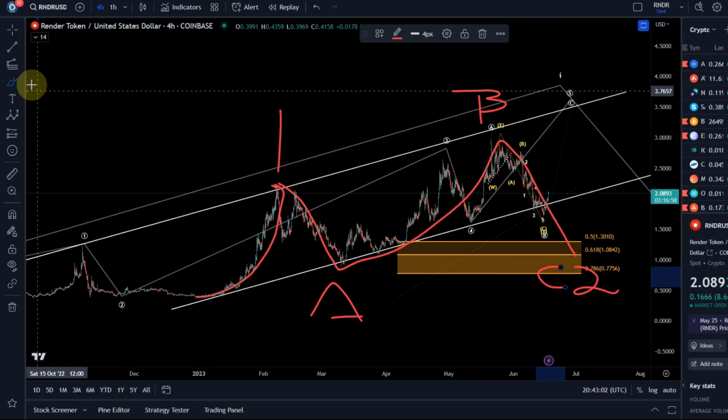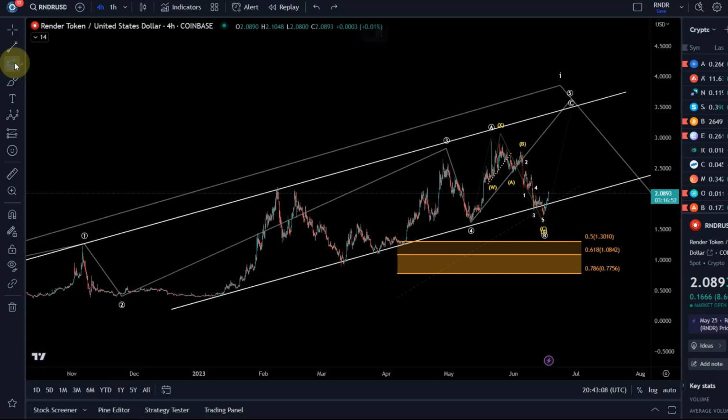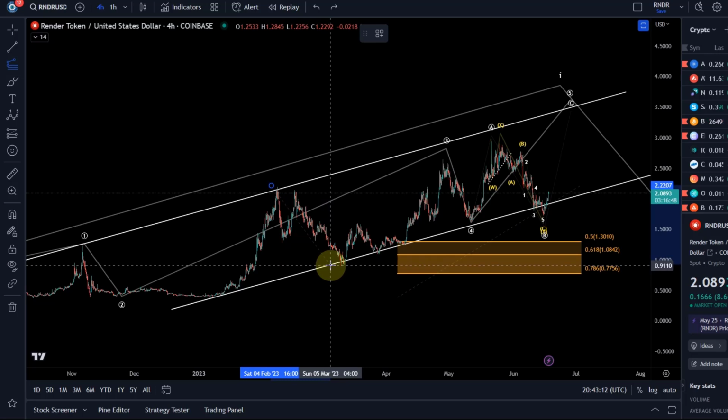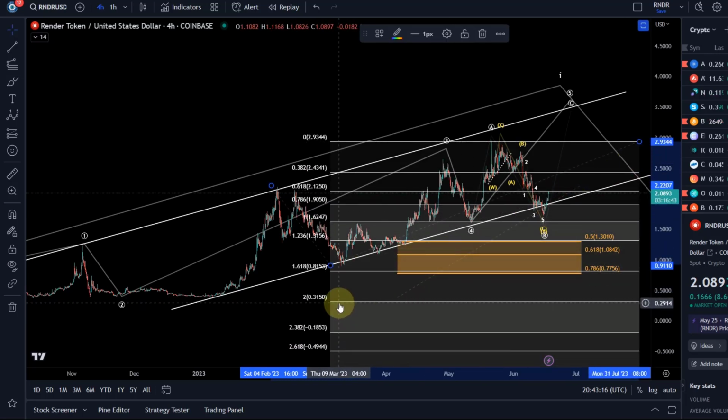If we take the Fibonacci extensions to calculate the length of this C wave, we can take the length down and go to the high. Ideally we're looking for the 1.618 extension at 81 cents, which lies within that support area, or the 1.236 extension at $1.31, which basically overlaps with the 50% retracement.